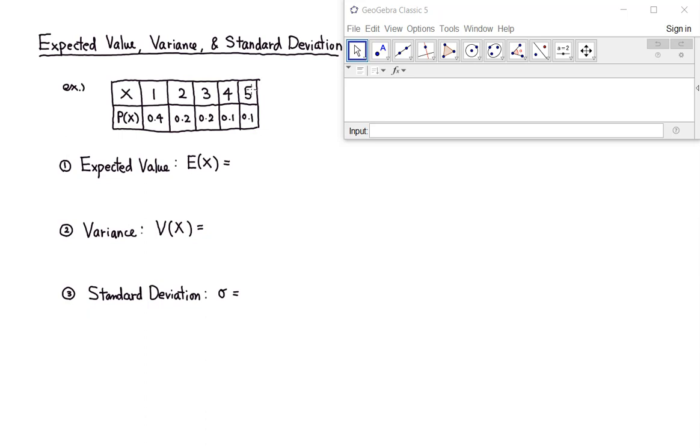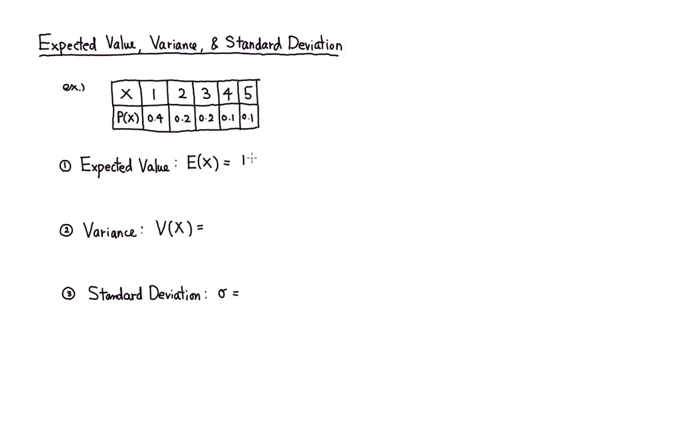So what you do for this example is, 1 has a 0.4 probability of happening.